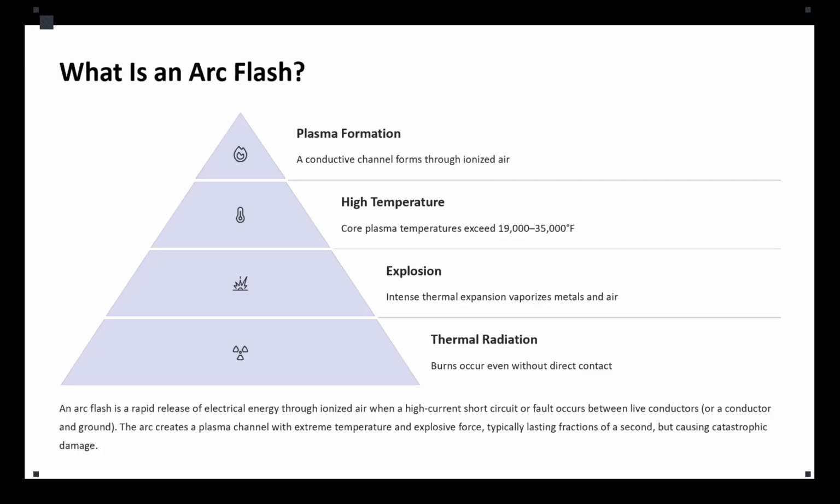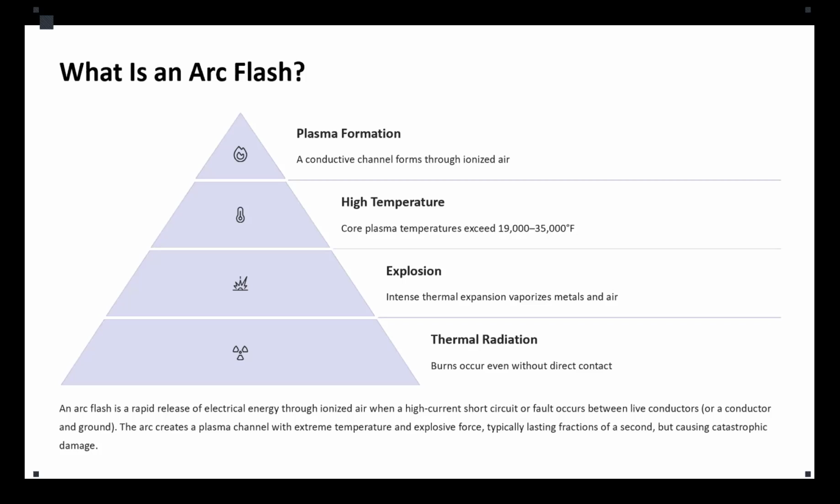Basically it's a plasma explosion, and it can happen in a fraction of a second, but it can release enough energy to melt steel or even vaporize copper and cause permanent injury or death.